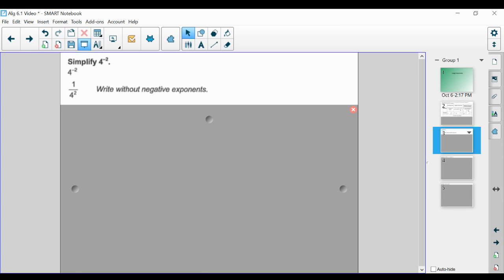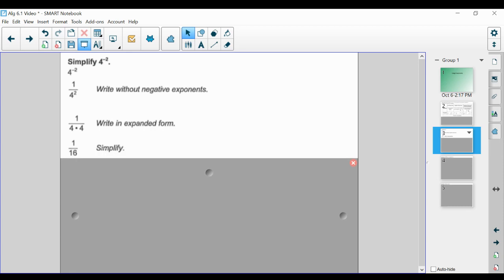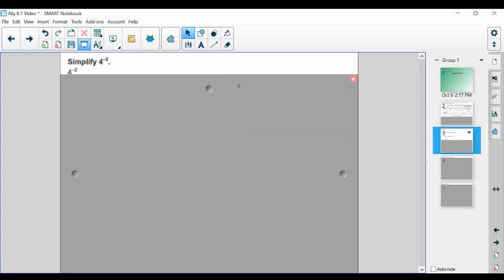So now we have 1 divided by 4 squared, or 4 to the second. We can write it in expanded form, so 4 times 4, and we get 16. So we get 1 over 16. You can jump a step from 4 squared and go down to 16. That's completely fine. But what if we had something that looked like this?